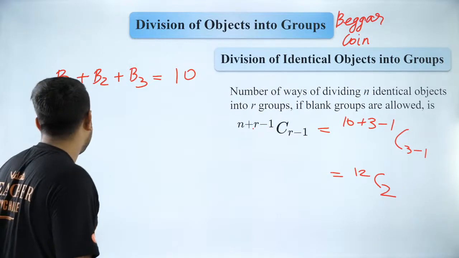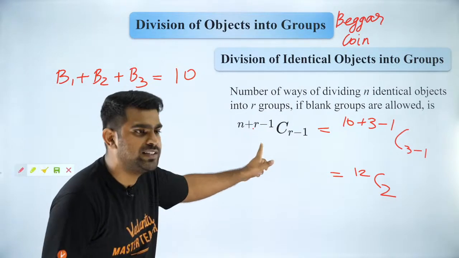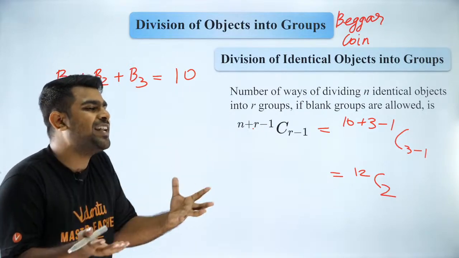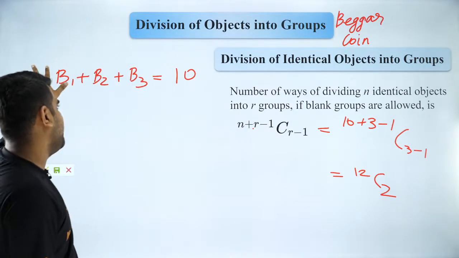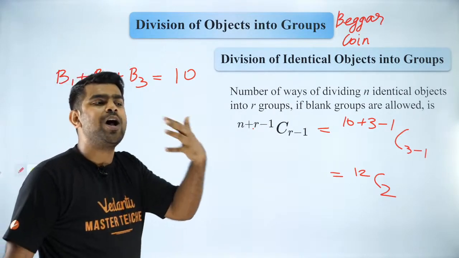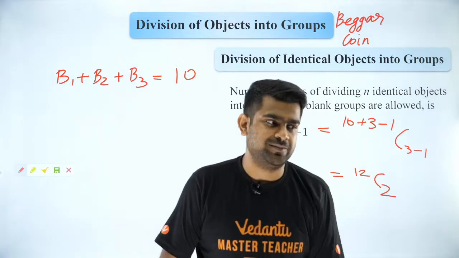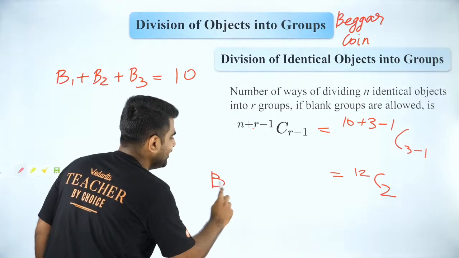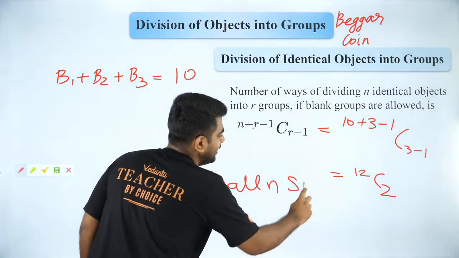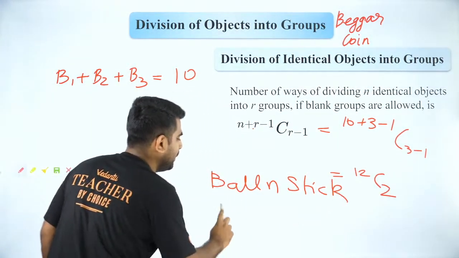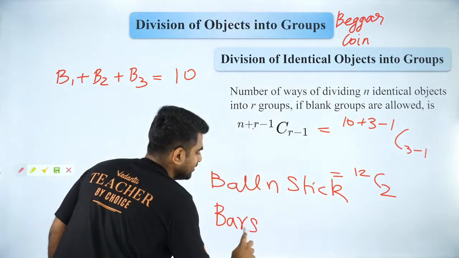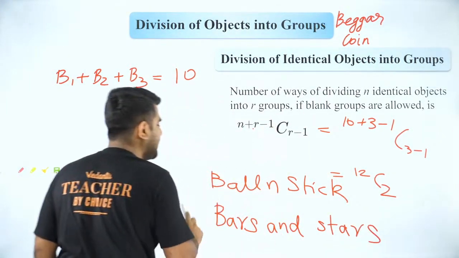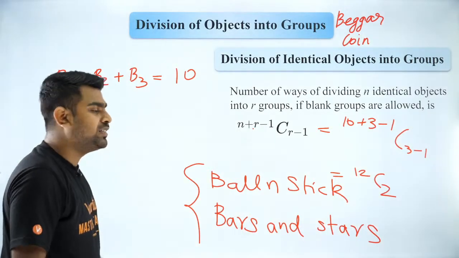Okay, so I'm going to derive it. Listen carefully. We will end up with this formula. Why the name beggar and coin? Because of the example I gave you. It is also called the ball and stick method, or the bars and stars method. They use this in Western countries, in America, in Europe.